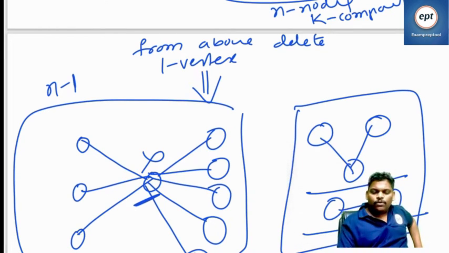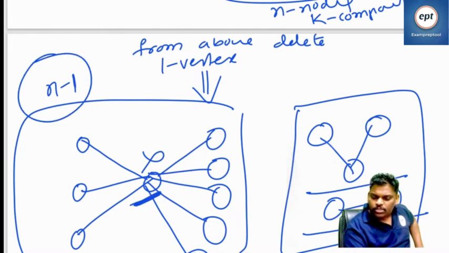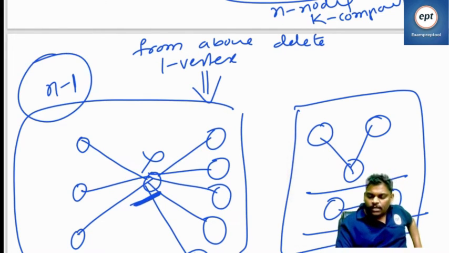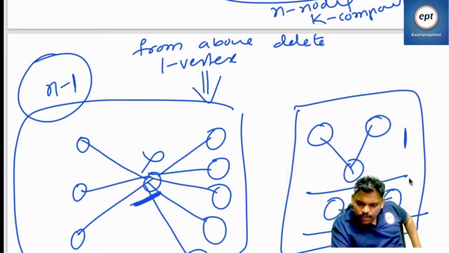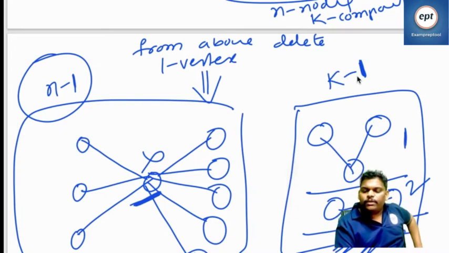Yeah, so in the first graph, if you delete this person, k components become n minus 1 components. In this one, component 1, component 2, component 3. If you delete this one, the number of components will decrement by 1. Previously k components, now k minus 1 components.